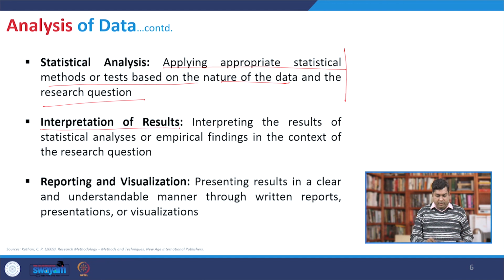Then once it is done, we get certain findings, certain values. After that, interpreting the result is the most critical and crucial stage of your entire research. If you interpret it wrongly, then your argument will also go wrong.